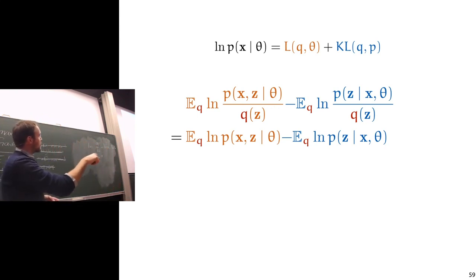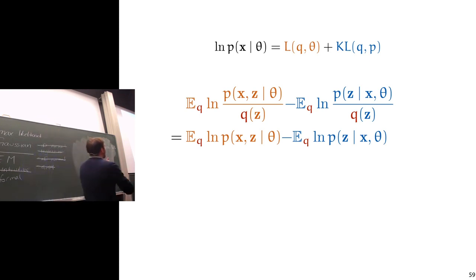So if we do that here, we get a logarithm minus log q(z) here and a logarithm minus log q(z) here. And in terms of the expectation, we can take it out of the expectation. So we get the expectation over that thing, expectation over that thing. So these cancel out, and we just reduce it to this. We just get rid of these denominators that way.